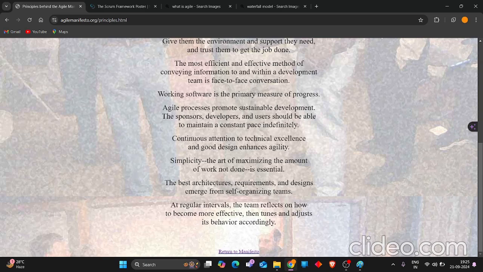The best architecture, requirements and designs emerge from self-organizing teams. This principle is trying to explain that in a developing team, there should not be one forcing others to do the work.